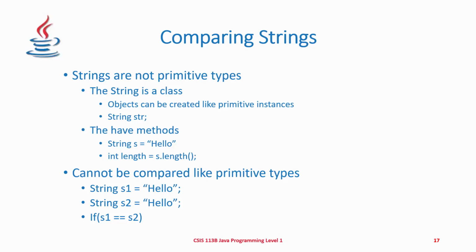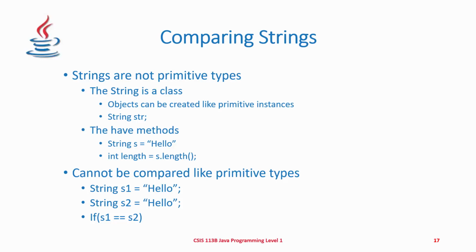But again, you have to remember that the value is not what's being stored in the stack for string s1 and string s2. It's the memory reference to where those values are actually being stored in the heap. So technically, s1 is going to have a different memory address than s2.